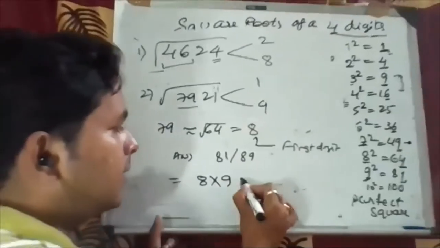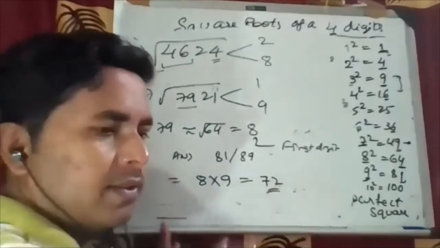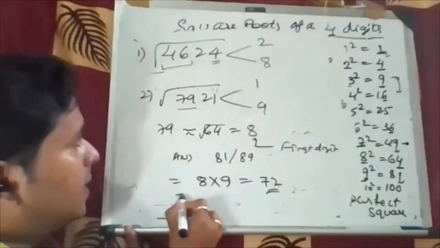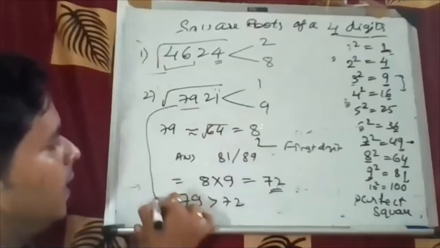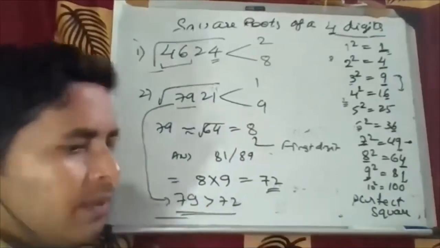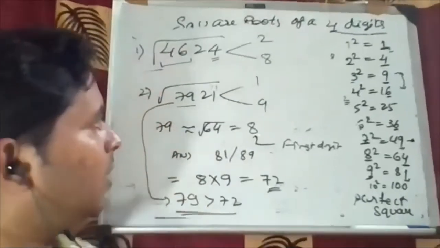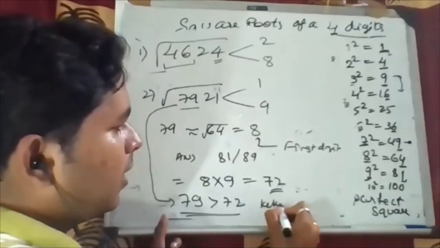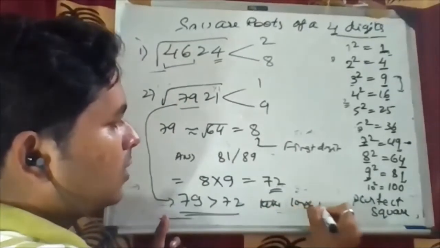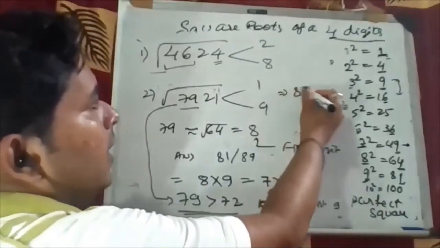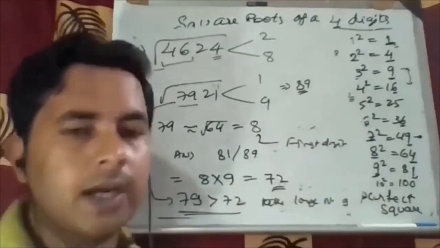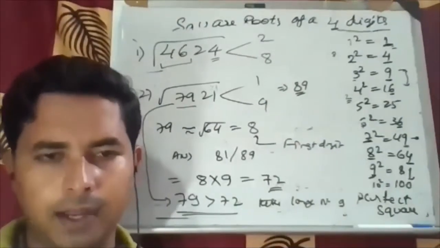So I get 72. Now again 79 is more than 72, so take the larger number, 9. So your answer will be 89.